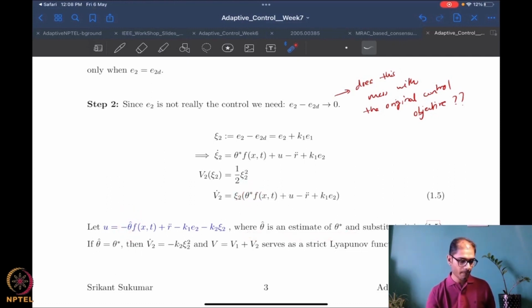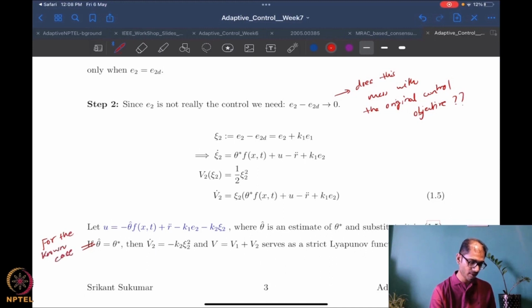But for the known case, we use theta hat equal to theta star. When we actually know the value of the parameter, theta hat is just equal to theta star. And then what are we left with? V2 dot is minus k2 psi2 squared.